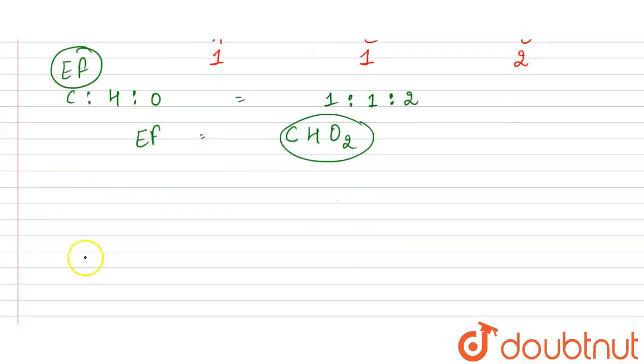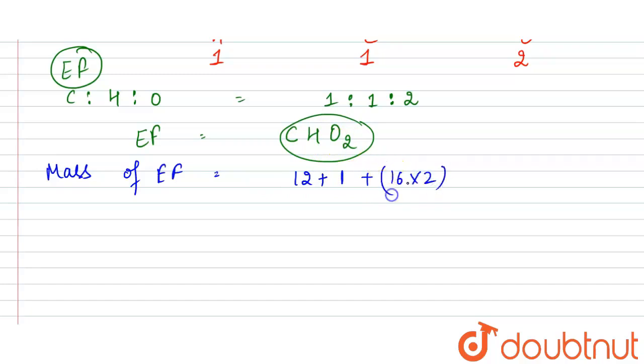Mass of EF is equal to C, mass is 12, hydrogen 1, plus we have 2 atoms of oxygen, so it will be 16 into 2. So it is 12 plus 1 plus 32, which is equal to 45.